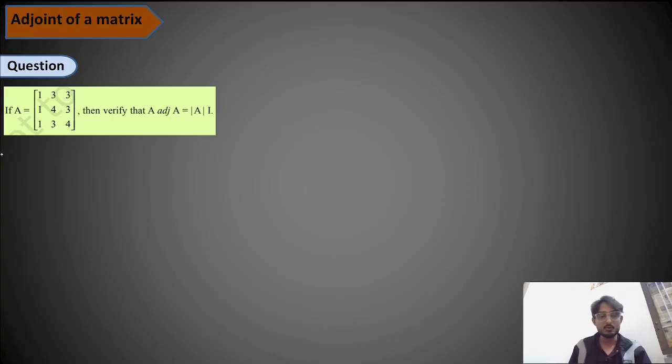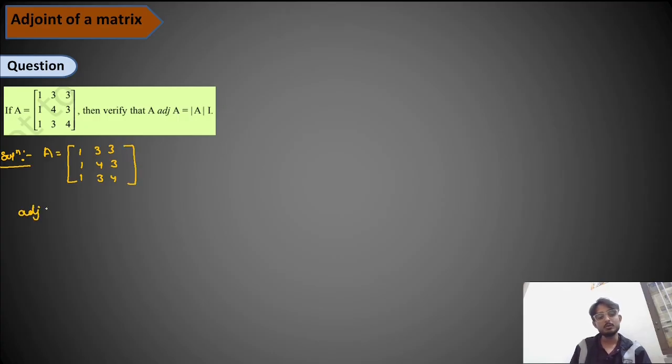So first of all, you are given this matrix as A. Solution: A equal to 1 3 3, 1 4 3, 1 3 4. How can you find the adjoint of A?